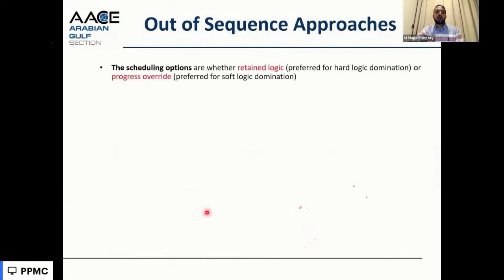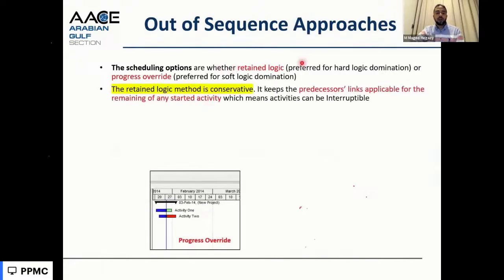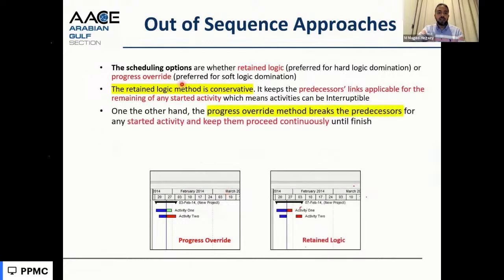The other thing we said, the out of sequence activities. We have two types of scheduling: one is called progress override and one is called retained logic. In retained logic, when the activity starts, the remaining duration of the activity will continue after the remaining of the predecessor.